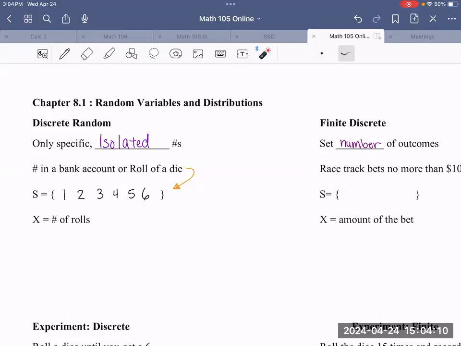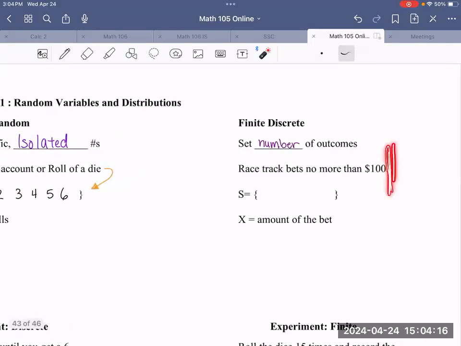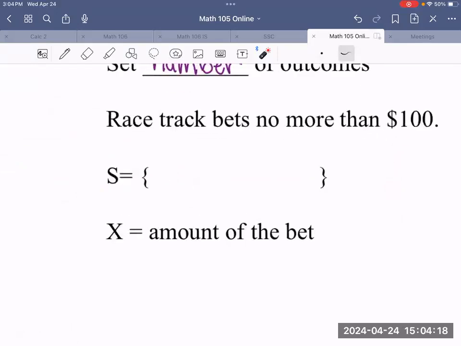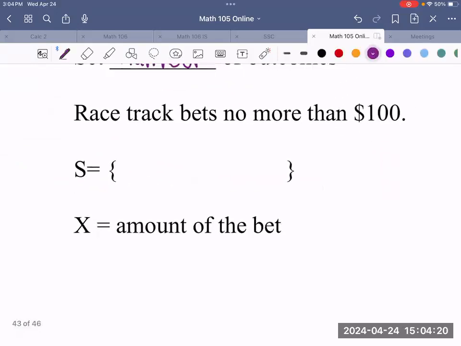They might have a minimum, but with this one, you have to end it at some point. So with this racetrack bet, we can have no bets made, $1 being made, $2, all the way up to $100, and you have to stop at no more than 100.